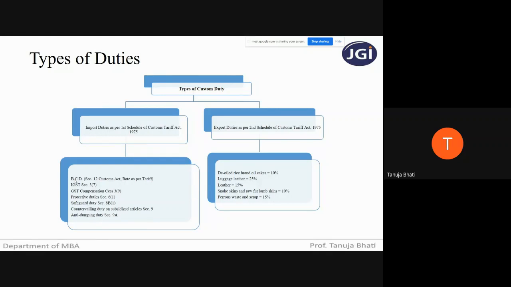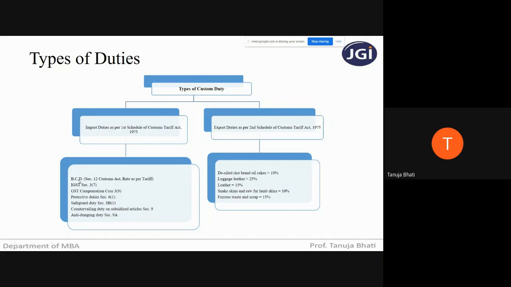If the importer falls within that preferential area, he has to declare it and claim that he is manufacturing goods in that area. Only if he fulfills these conditions will the preferential rate of duty be charged on BCD. Otherwise, the standard rate will be charged.